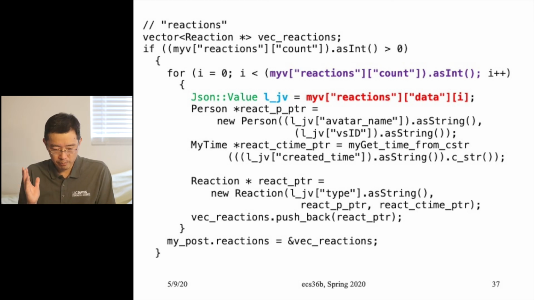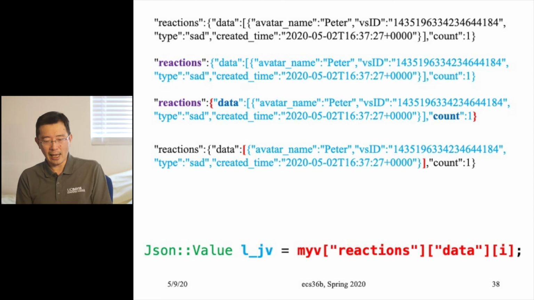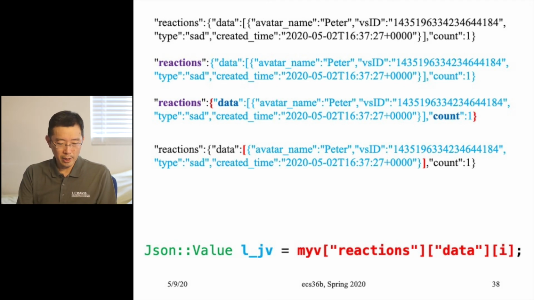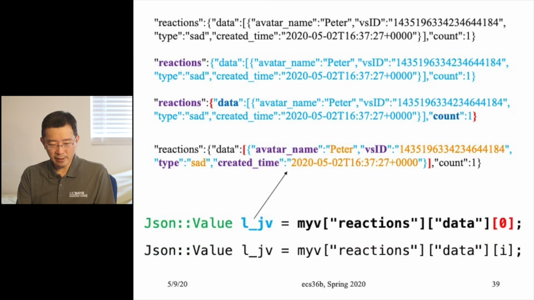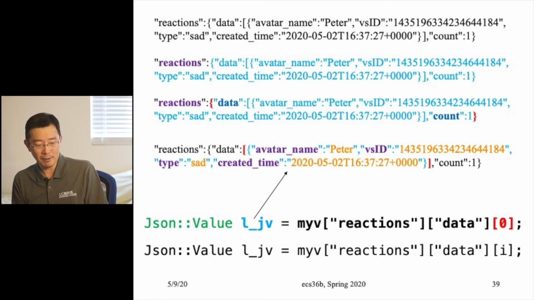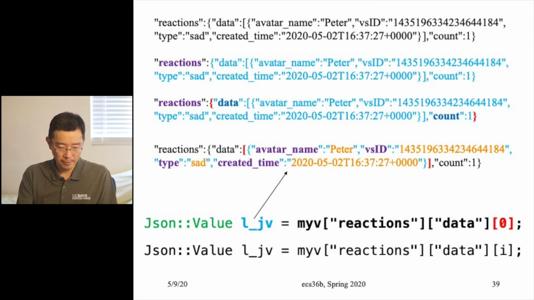That's just a programming practice. Okay, so here you can see we have this JSON LJV reaction data i, and what we really have is the 0 element. The 0 element means that i is equal to 0, and LJV is really pointing at the only element we have over here. So that's what we're doing here.